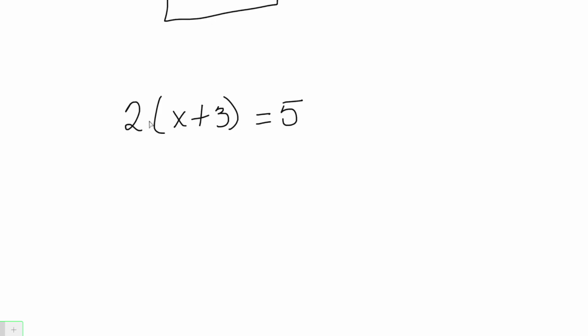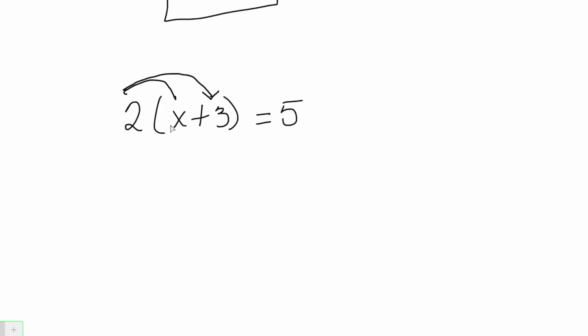But then it has this 2 on the outside. So that's the distribution, right? We are going to distribute this 2 to everyone inside the parentheses because the 2 belongs to what is inside the parentheses. But you're going to use distribution in order to complete this problem.